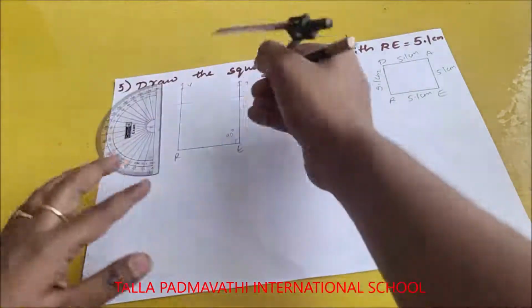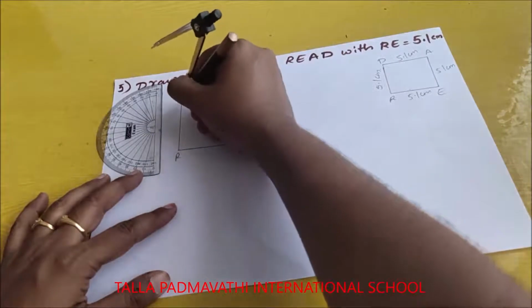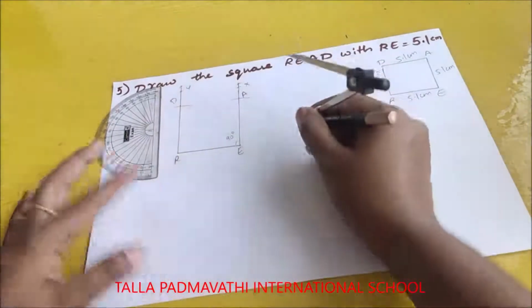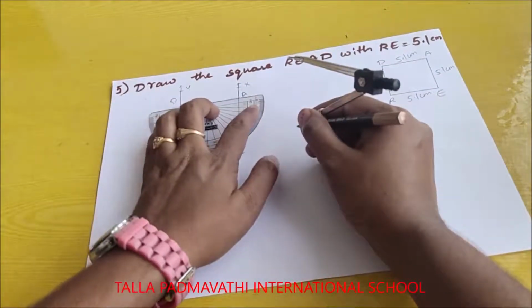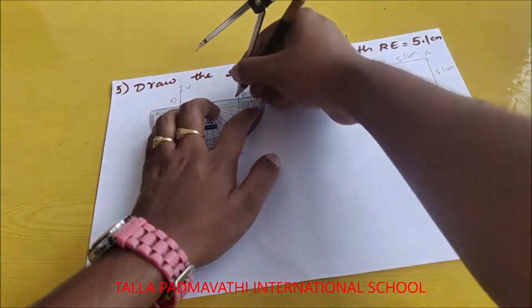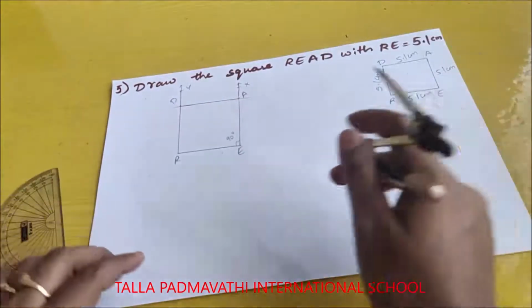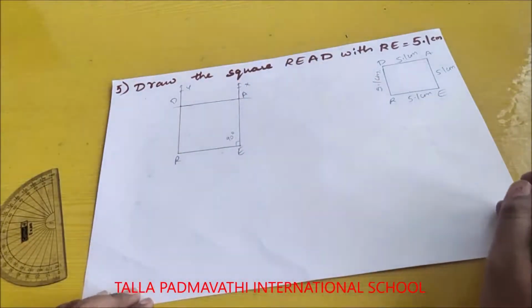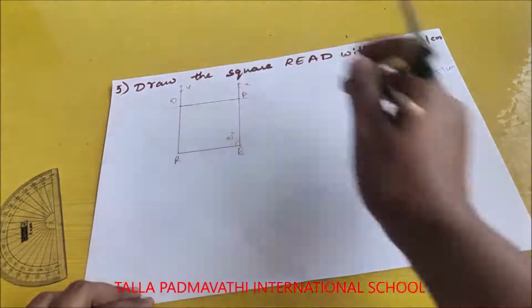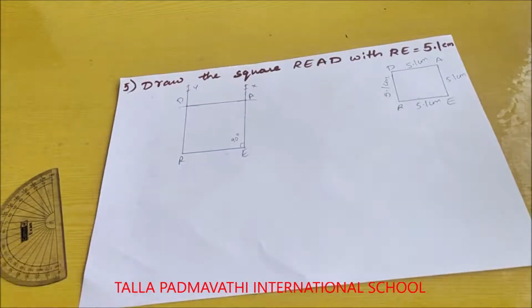So now this point is A and this point is D. So if you join A and D children, you are going to get a square READ, with RE 5.1 centimeters.